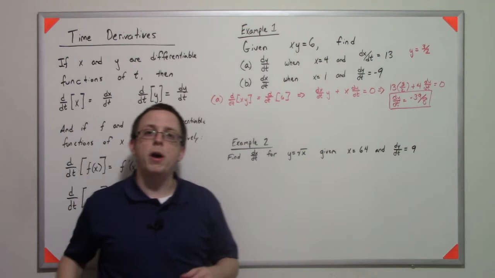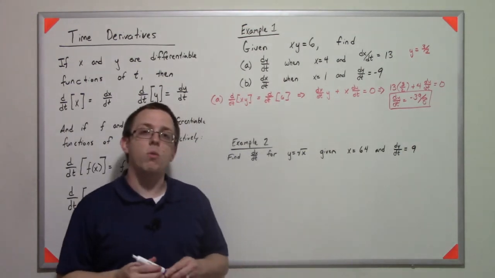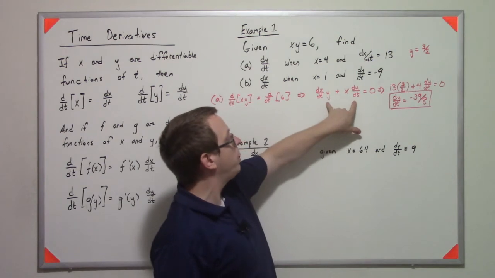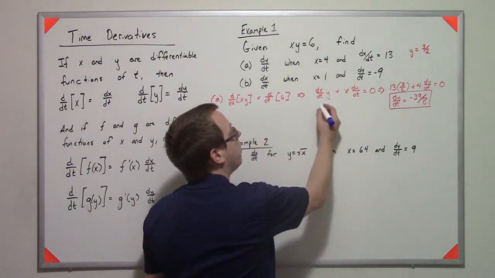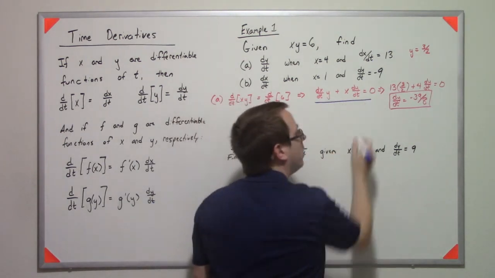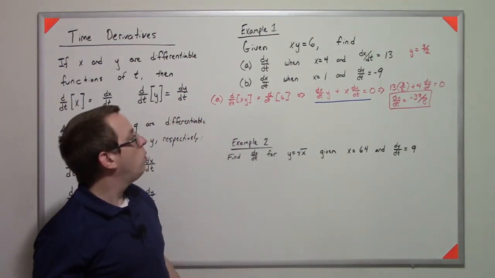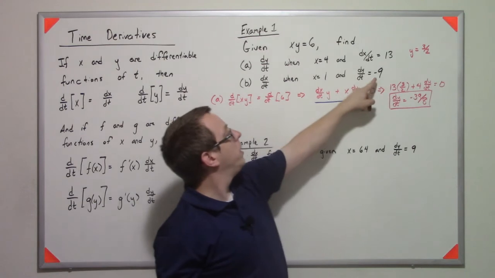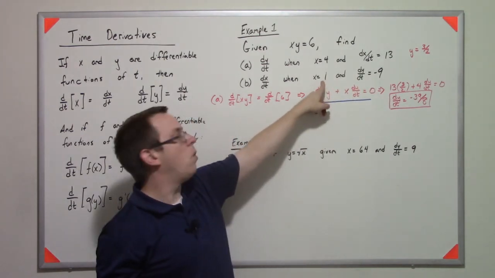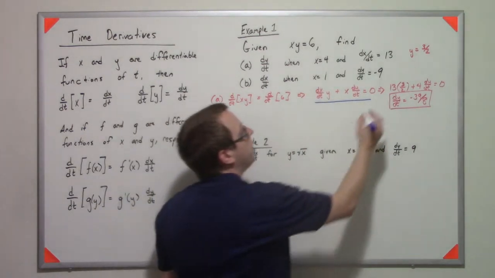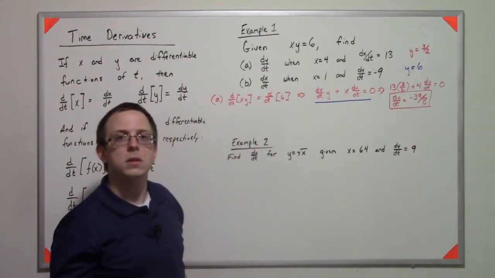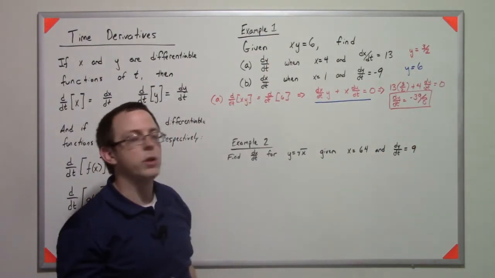Now the nice part about part B is that we really have done all the heavy lifting. We've already performed the derivative here. We already have this piece. So we need to solve for dx/dt. We're given x is 1 and dy/dt is negative 9. So if x is 1, that tells me that y has to be 6, by the original equation.